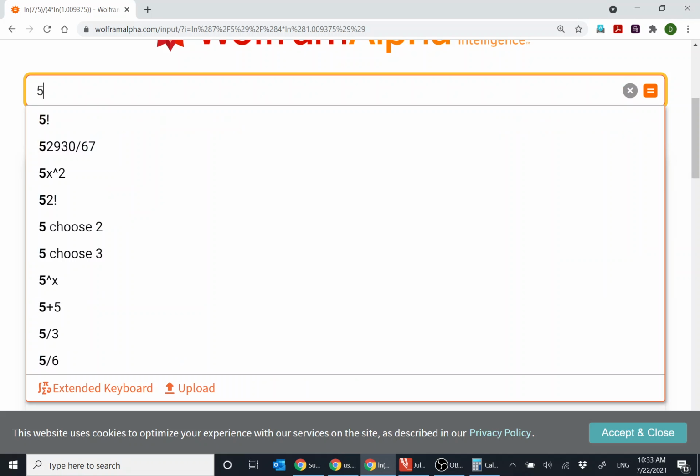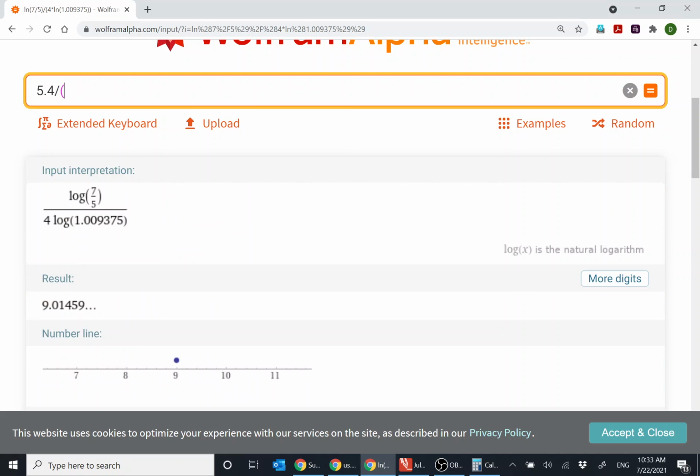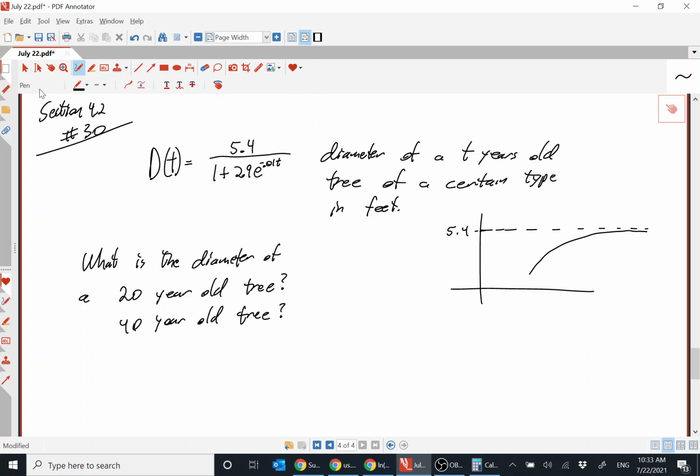So 5.4 divided by 1 plus 2.9 times e to the minus, so 20-year-old tree. Oh, it's 0.02, not 0.01.